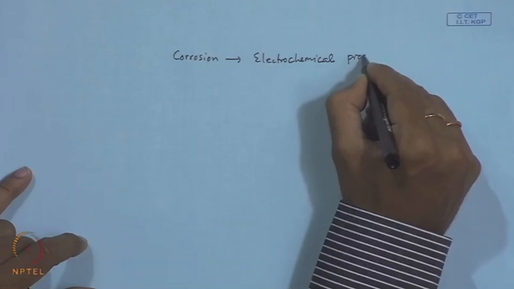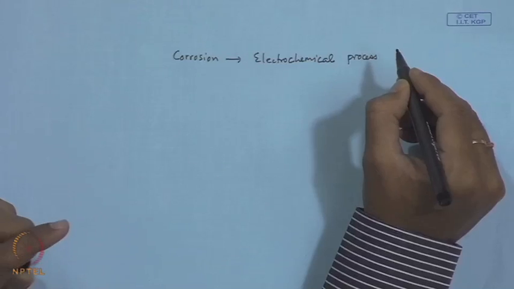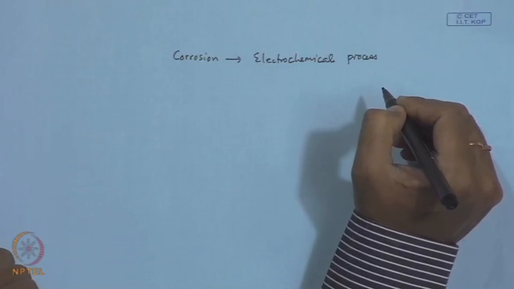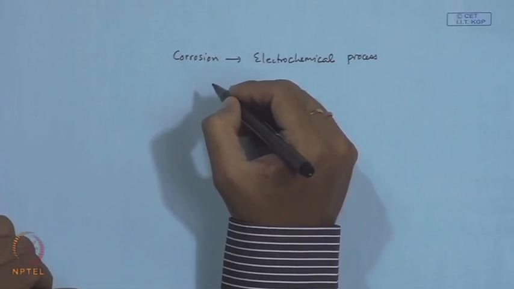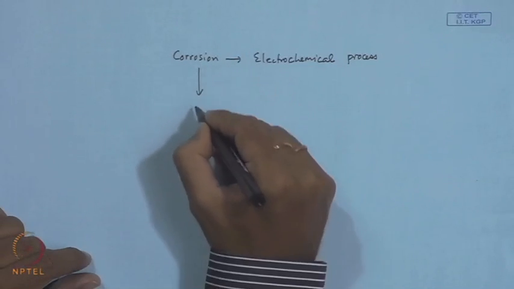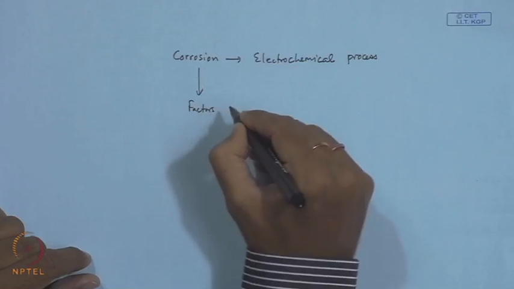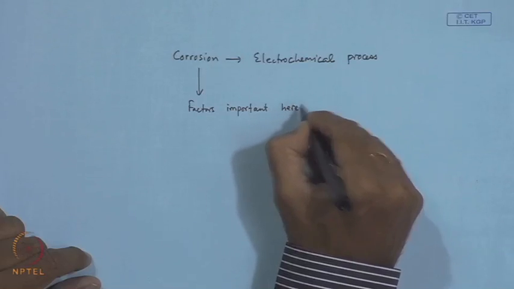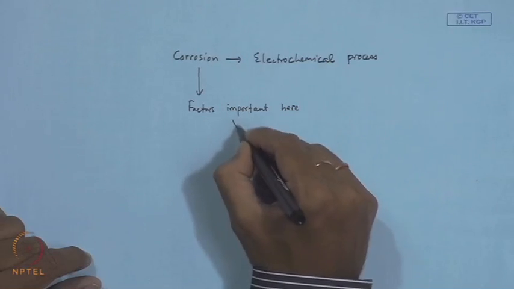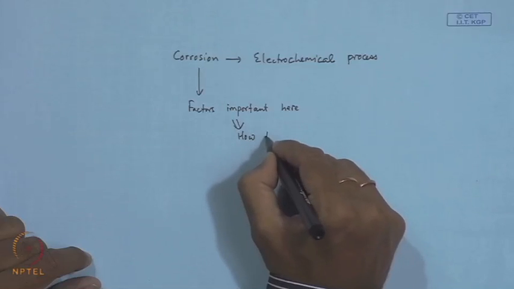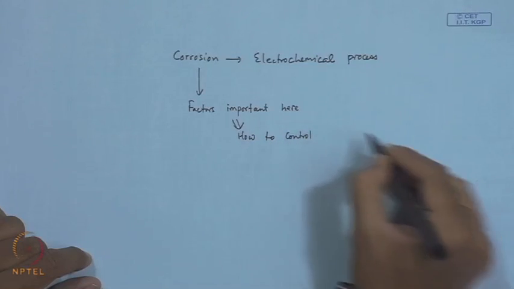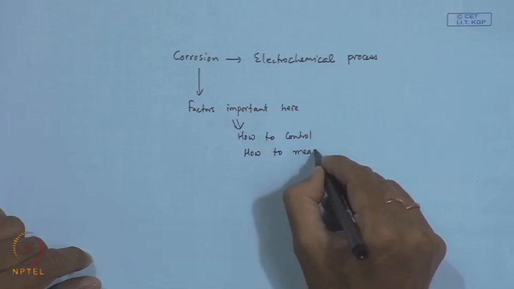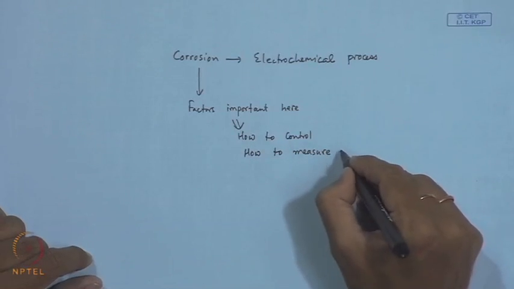And how this corrosion can be controlled, and what are the important factors that are responsible for corrosion to occur, and how to control it, and how to measure corrosion rate.